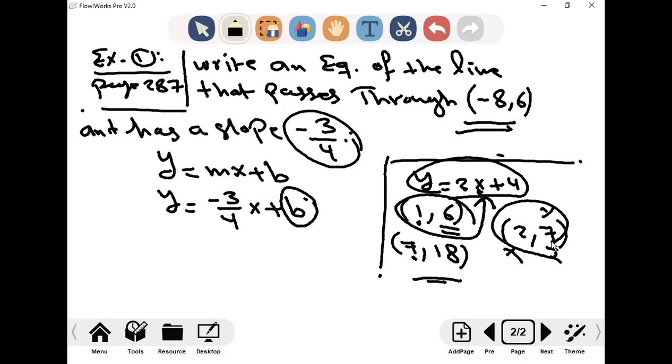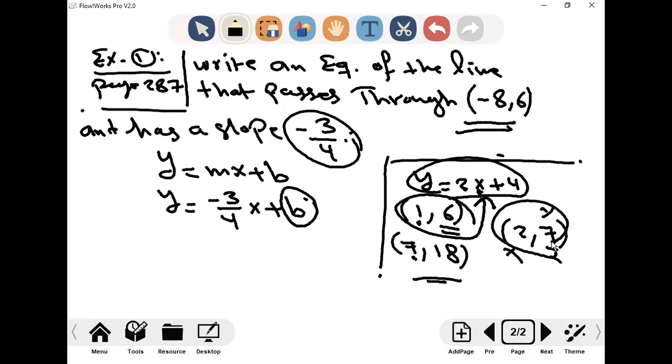Did we understand what it means for a point to be on the line? So if the line passes through the point, then this point, which has x and y values, if you put x, you get y. Right? Now come back here.